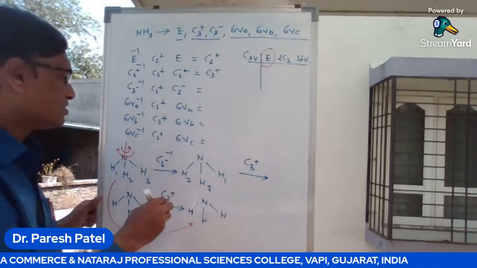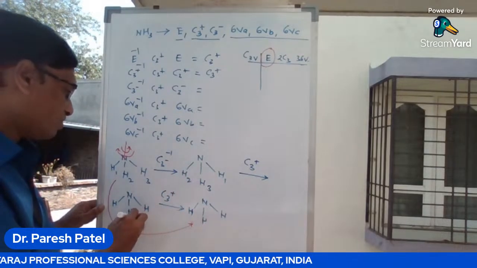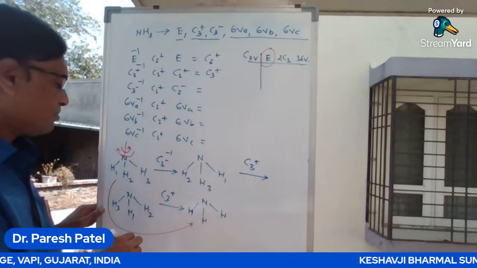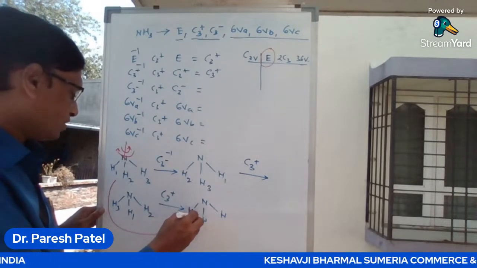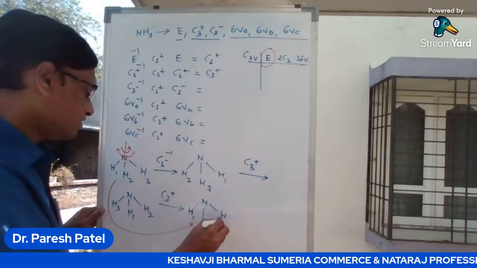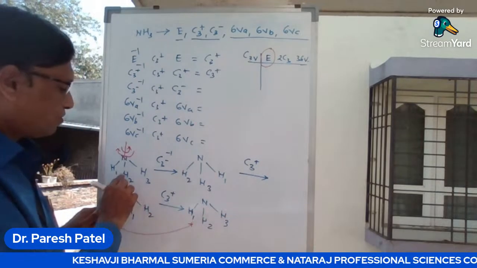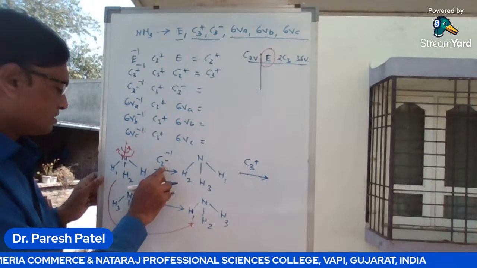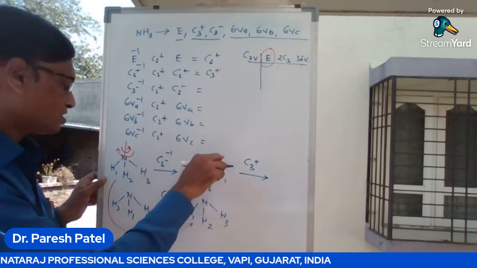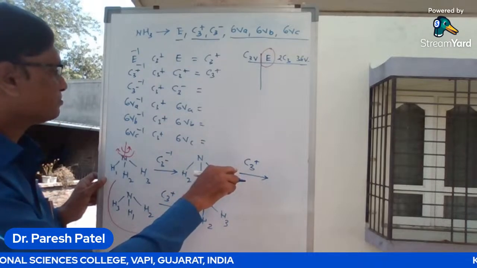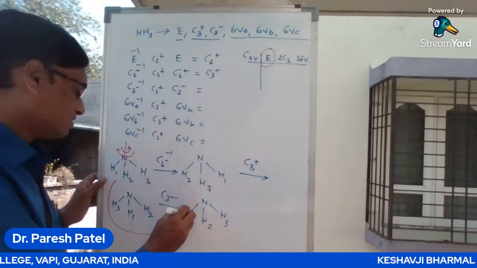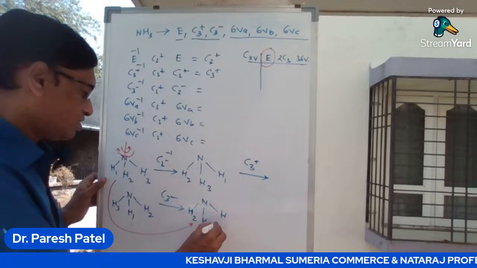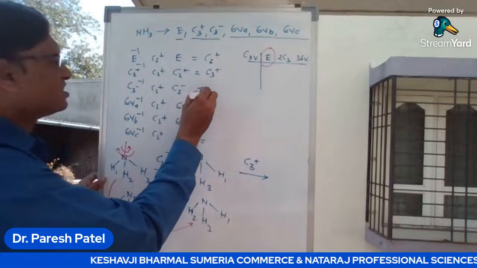Then C3 plus means again one time clockwise rotation, giving 1, 3, 2. Then C3 plus again, one time rotation, gives 1, 3, 2. So the overall result is, just a minute, this is C3 plus, one time clockwise rotation. Again C3 plus, it should be C3 minus. So the overall result is 3, 2, 1, and the overall result is C3 plus.